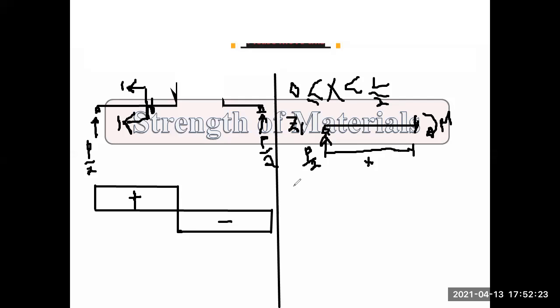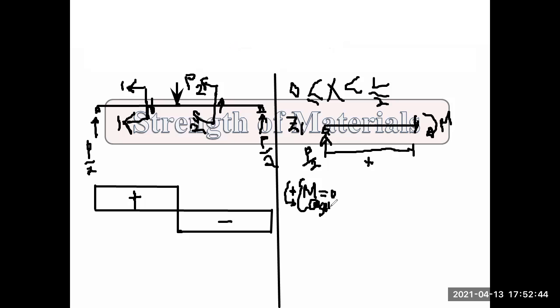Summation of moment, I consider the counterclockwise to be the positive. Summation of moment at the section, written as SEC, is equal to 0. I assume the counterclockwise to be positive.